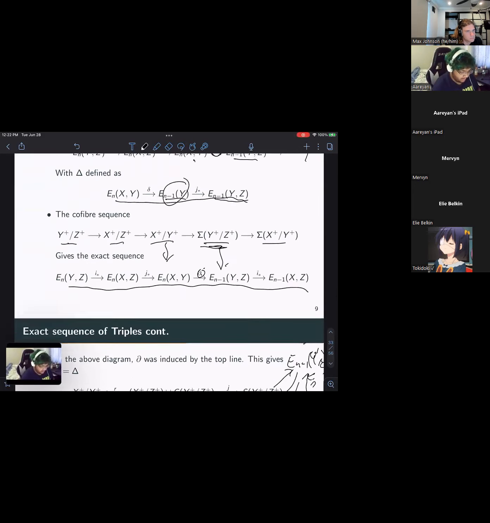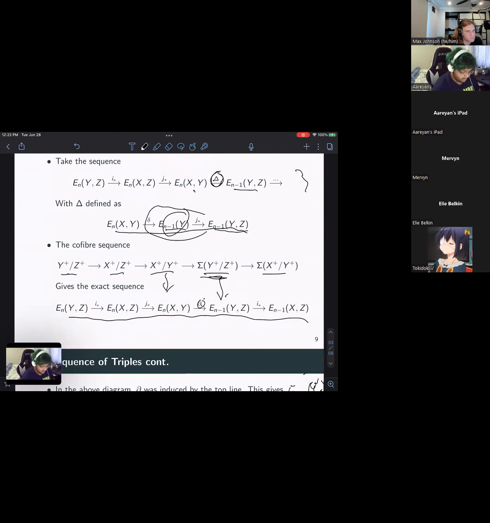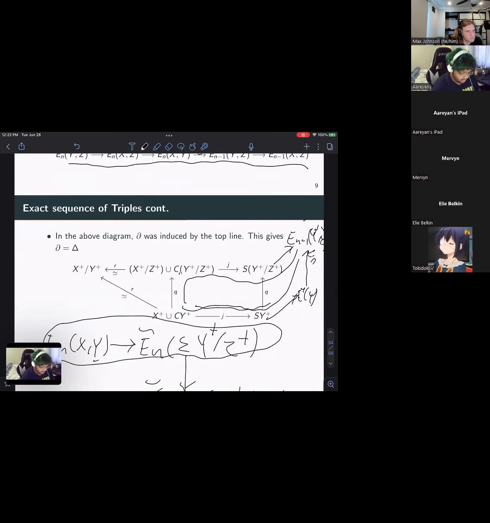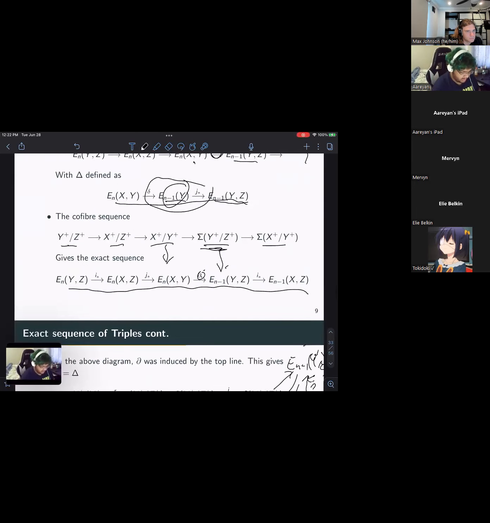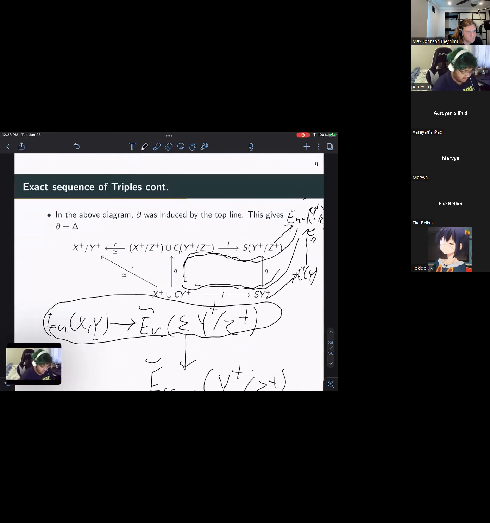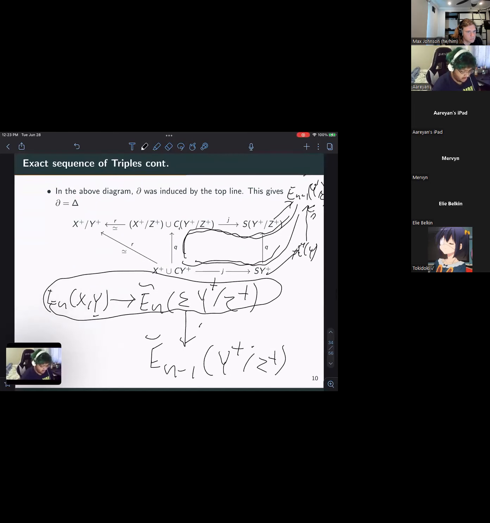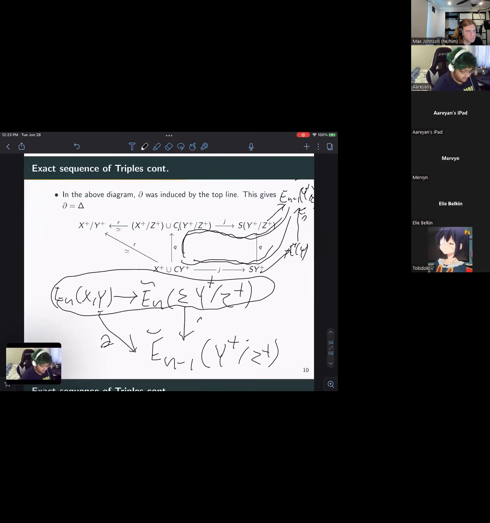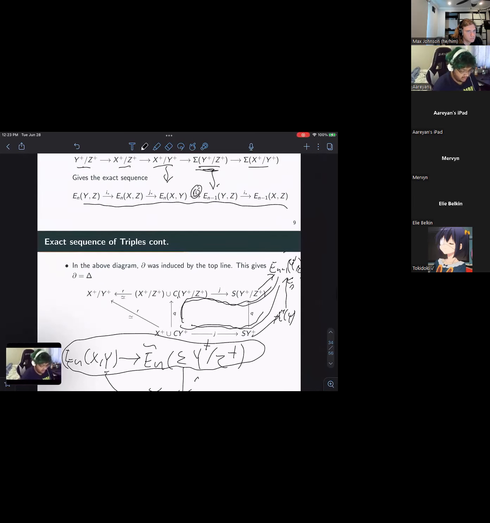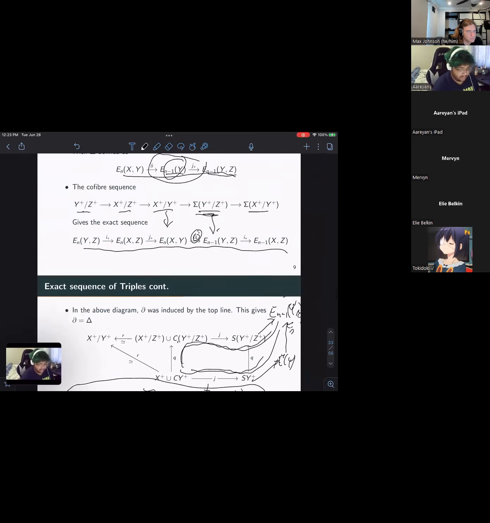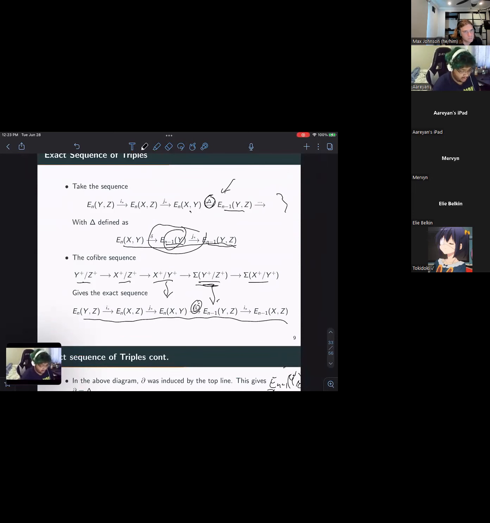This is the statement that this composition, going through the downstairs route, is the same thing as just doing this, which is the same as going through the upstairs route, because that's how we constructed del, or partial. So that proves that these two are the same, and hence that the sequence I wrote down upstairs is actually an exact sequence.